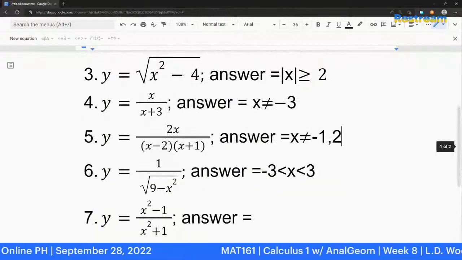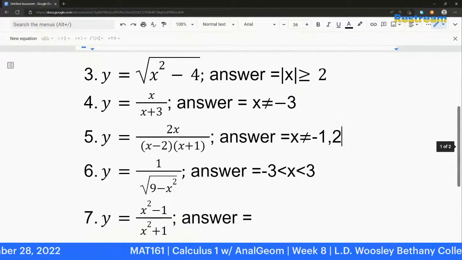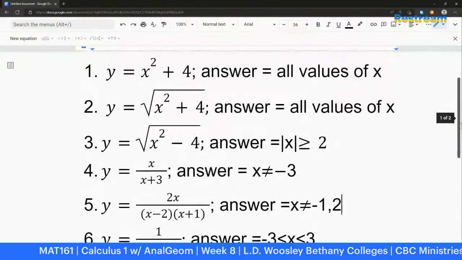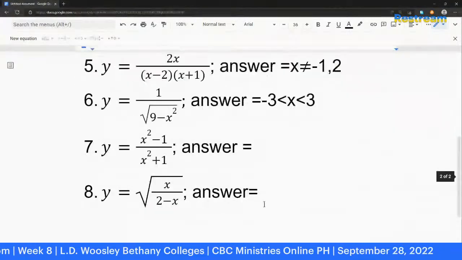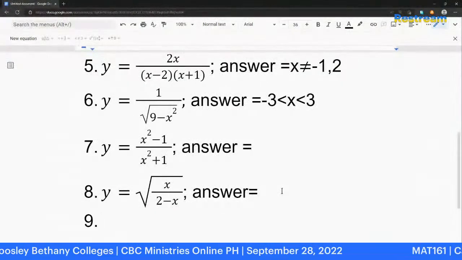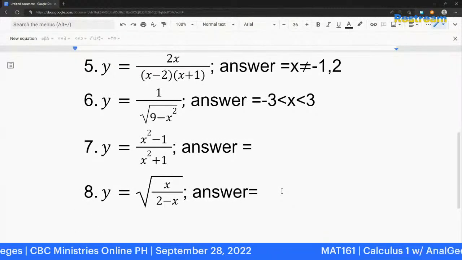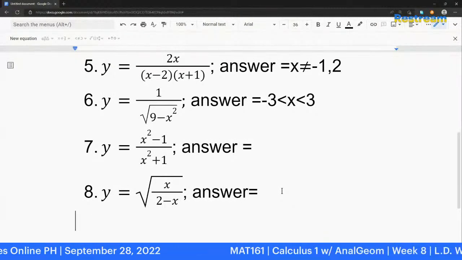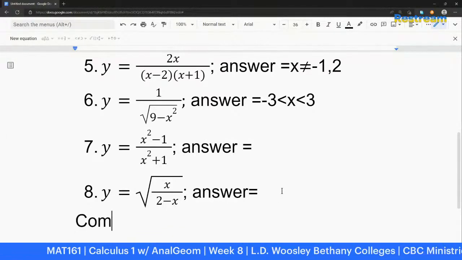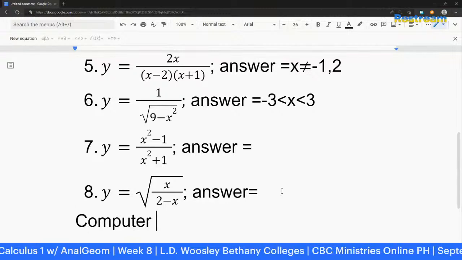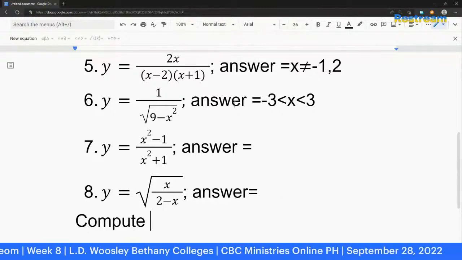Okay, so that is the part 1. Here's the next item while waiting for Josh and Gian. Compute. Here we go. Compute.